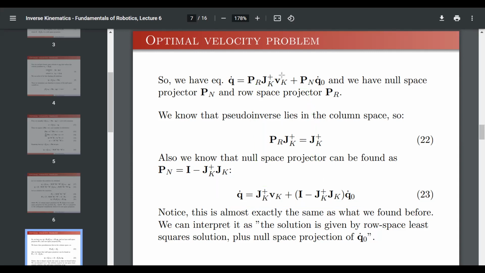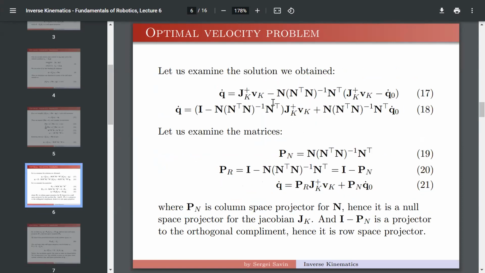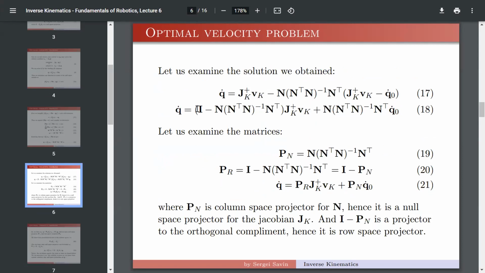Now, let me ask you to spend a second admiring formula 23 and understanding how difficult it is to see how we get from expression 18, look at this forest of matrices, to expression 23, where we have a very clean thing. Remember, we got rid of this whole thing. How?